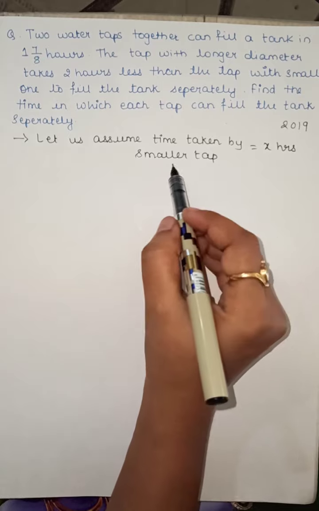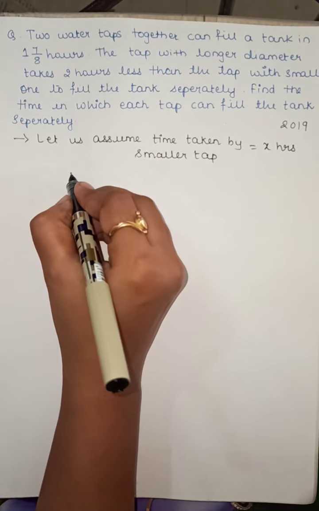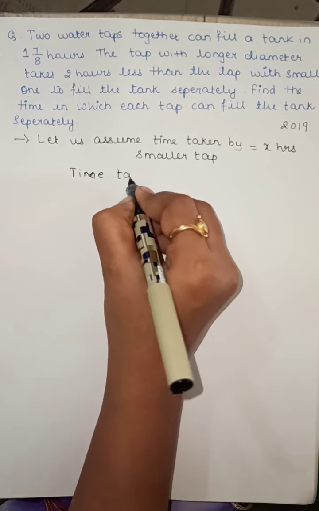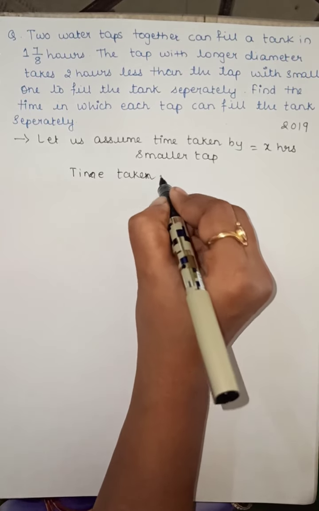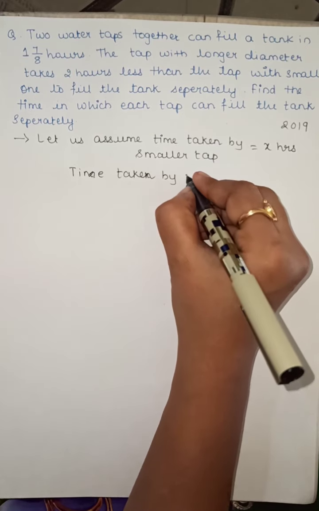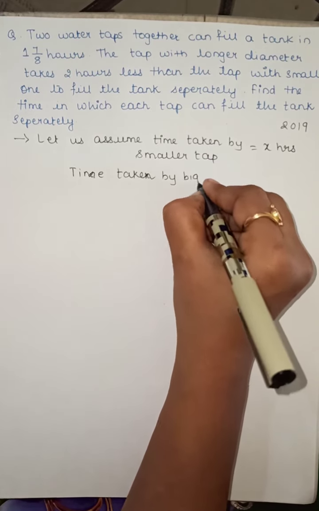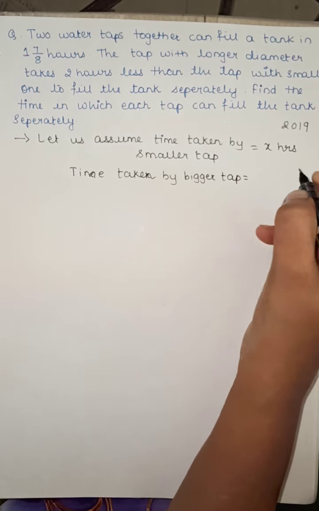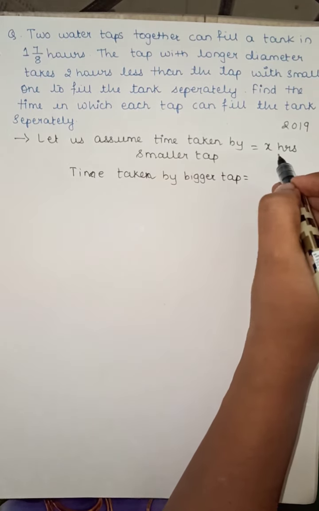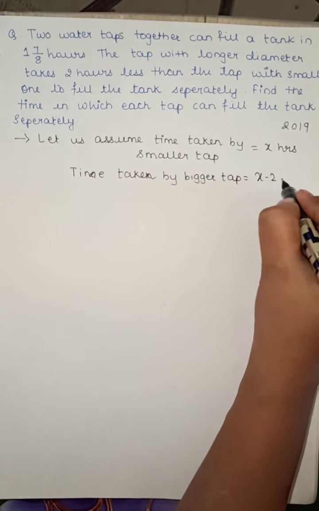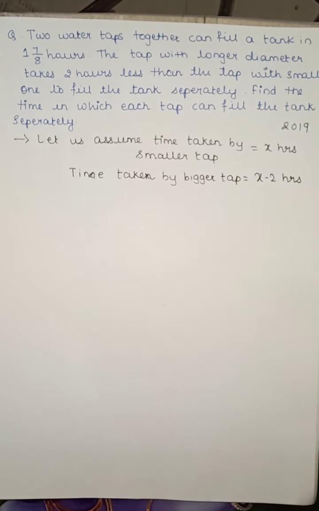Okay, so if the smaller tap is taking x hours, what will be the time taken by the bigger tap? Now the bigger tap is taking 2 hours less. It means whatever time is taken by the smaller one, it will be taking 2 hours less. So it will be x minus 2 hours.